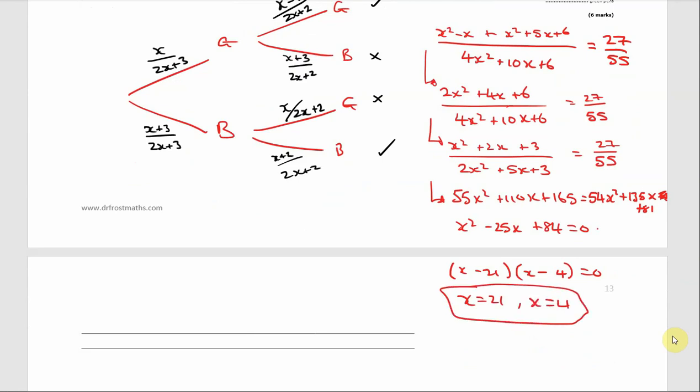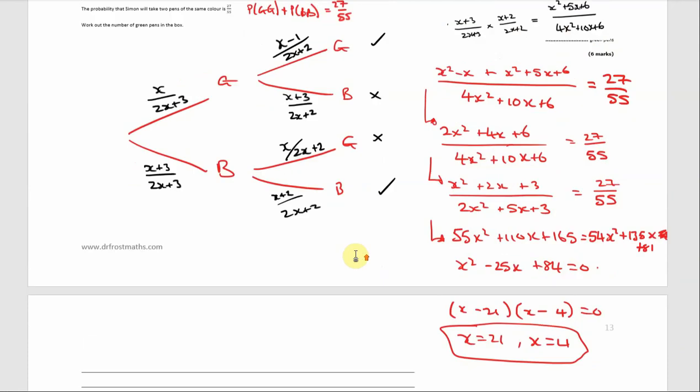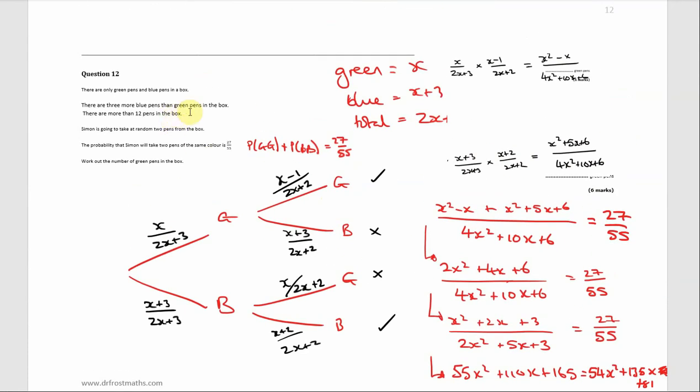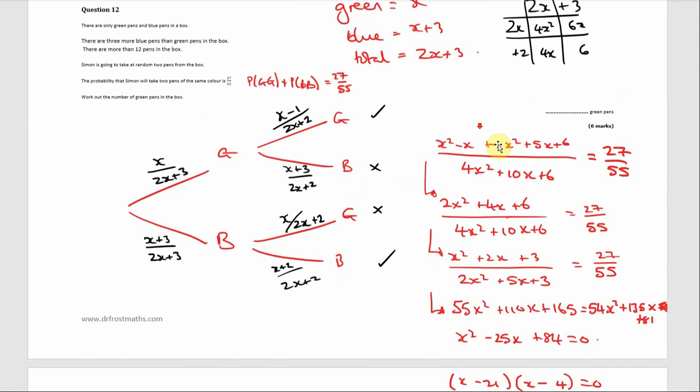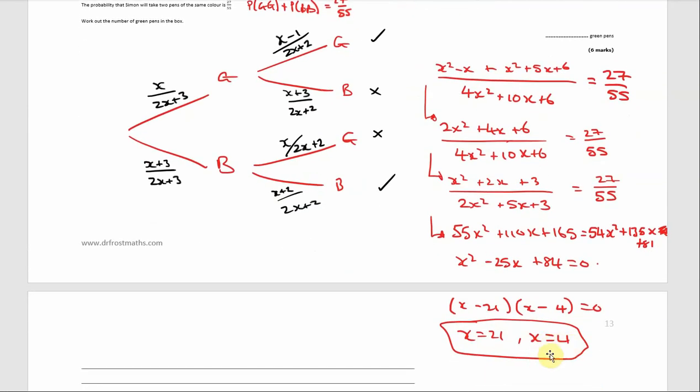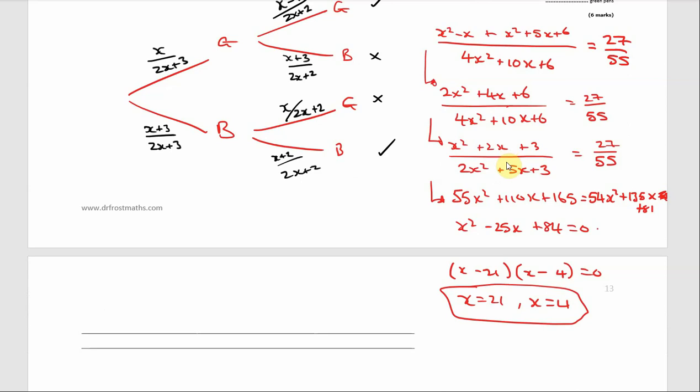Let's go back to see where it said something about being more than 12. There are more than 12 pens in the box. So the total is 2x plus 3. If we did 2 times 4 plus 3, that would give us a total of 11, which we know is not more than 12.